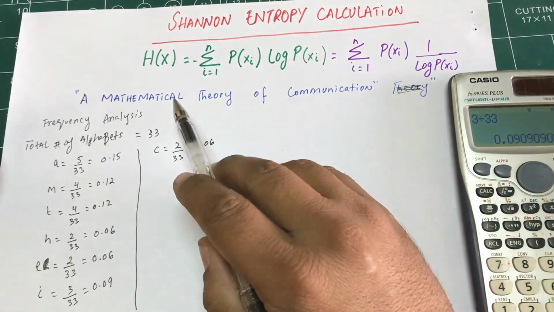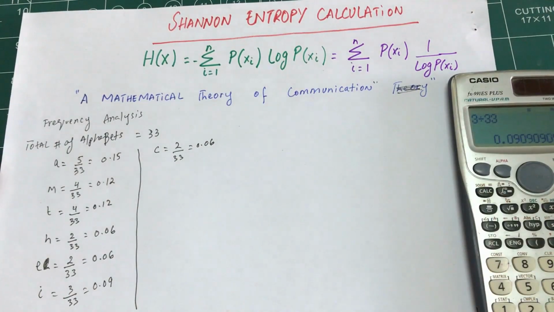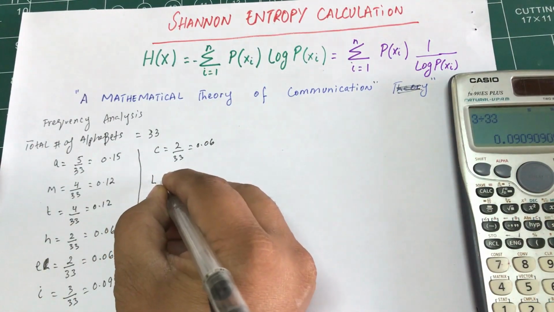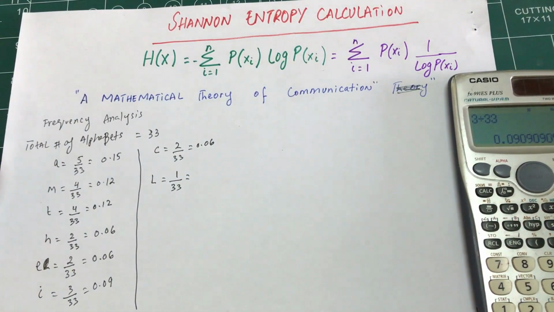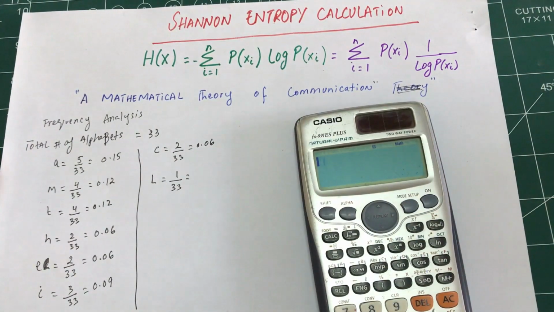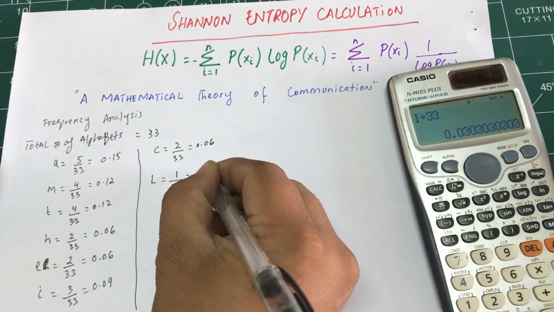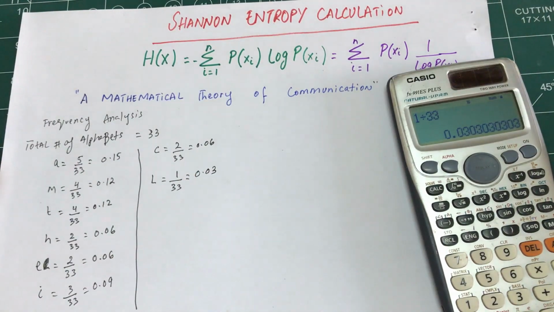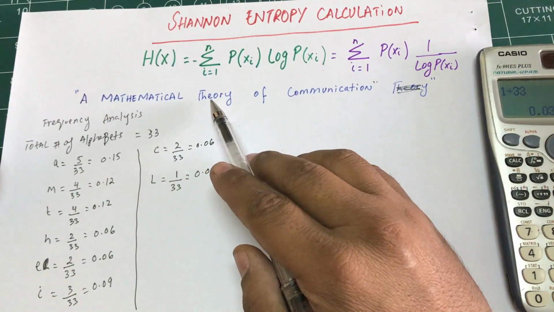What about L? L has occurred 1 time. So L is equal to 1 over 33. So let's pick our calculator. 1 divided by 33 would give me 0.03. Okay, so we're done with T, we're done with H, we're done with E.